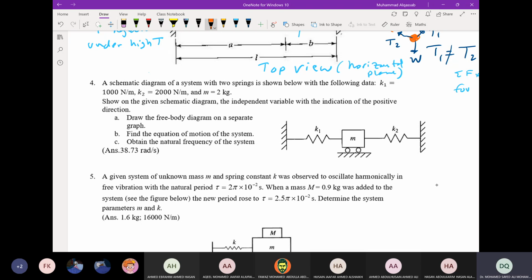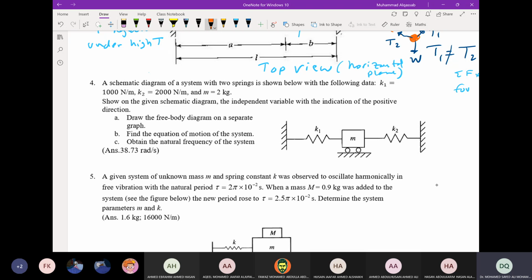Okay, question number 4. A schematic diagram of a system with two springs is shown below with the following data: K1 equal to 1000 Newton per meter, K2 equal to 2000 Newton per meter, and the mass equal to 2 kilograms. Show on the given schematic diagram the independent variable, the direction of X, with the indication of the positive direction.